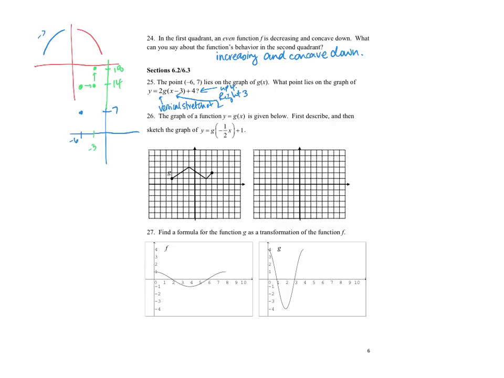So first I did a stretch of 2, then I doubled this, right? So I did a stretch of 2, and then I went to the right 3 and then up 4. And so the point that I landed on was -3, 18.